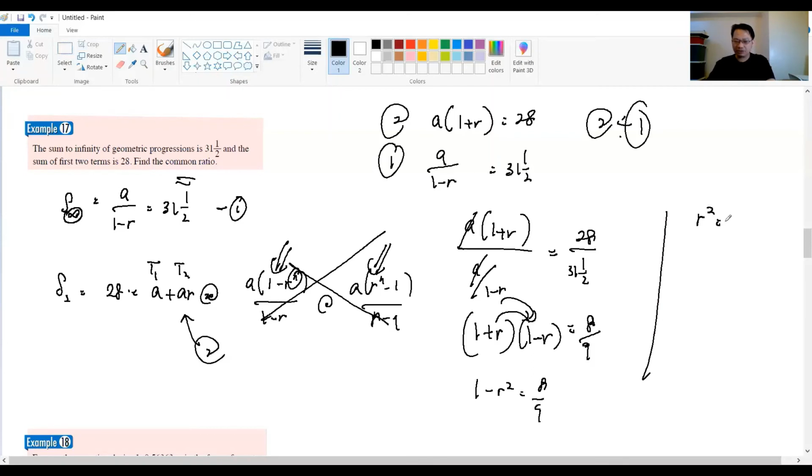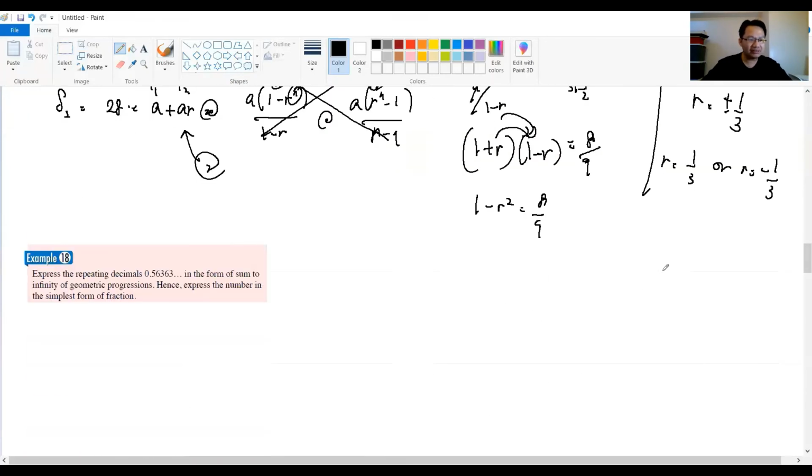So R squared equals 1 over 9. Therefore, R equals plus minus the square root of 1 over 9. So you need to write down R equals 1 over 3, or R can also be negative 1 over 3. Those are the two values of the common ratio. Settle. So that is your example 17.